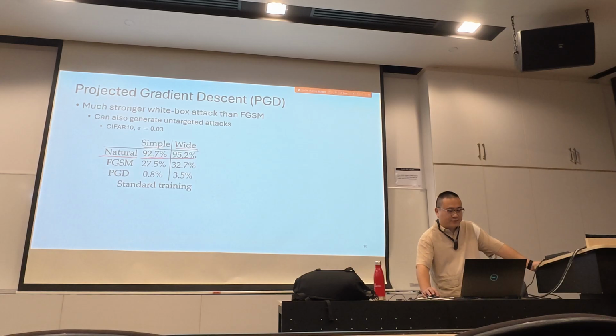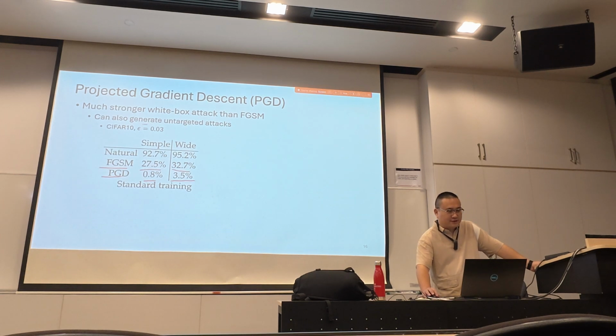So the first number is the accuracy of the model on clean images. Then we apply FGSM, and we can decrease the accuracy to 27 and 32. However, if we apply PGD, we can decrease the accuracy to less than 1% and to less than 4%.